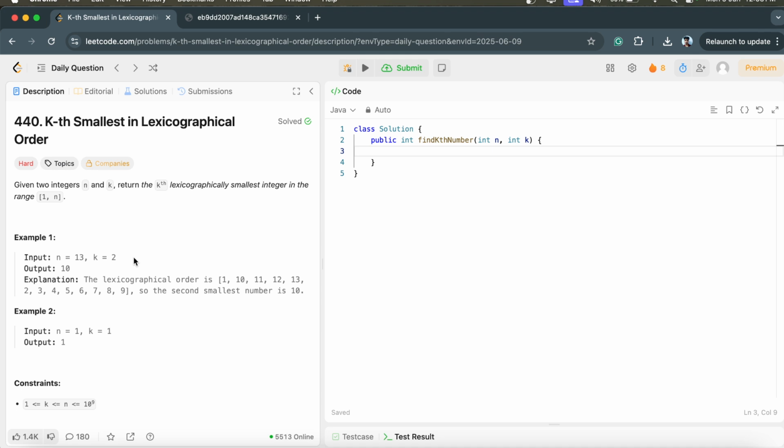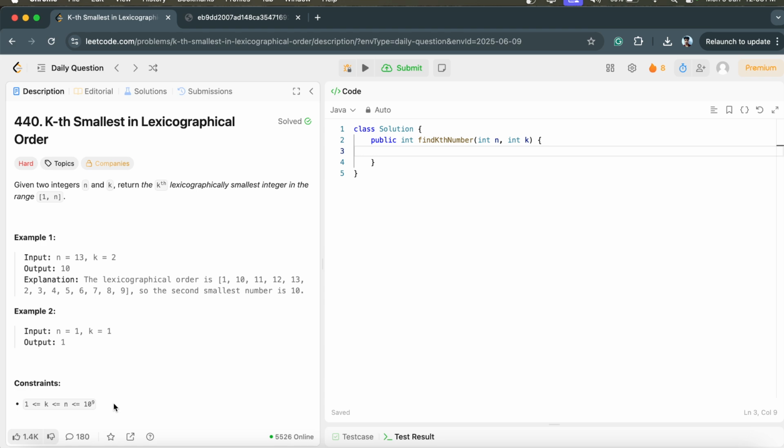But if we look into the constraints, they have given that n is less than or equal to 10 to the power of 9. So whatever approaches we tried, whether big O of n log n, n log k, or even big O of n, none of them will work for this constraint. If they had given 10 to the power of 6, we could use all those approaches, even big O of n or n log n.